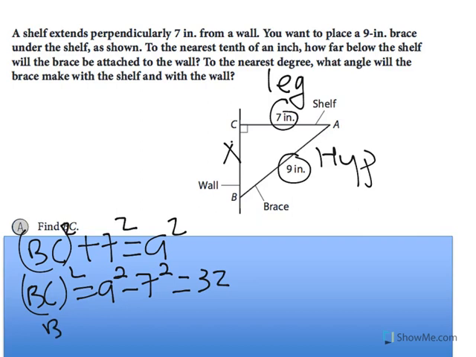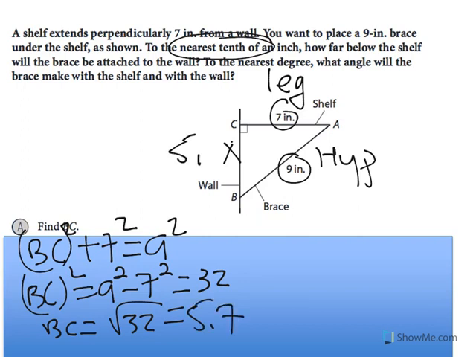So BC equals the square root of 32. And they wanted it to the nearest tenth, so this gives us 5.7. So x is 5.7.